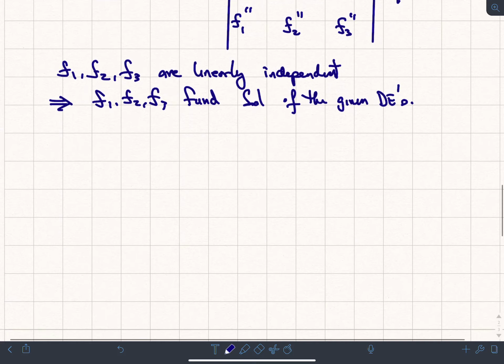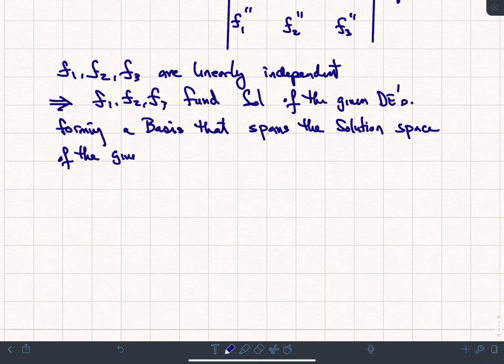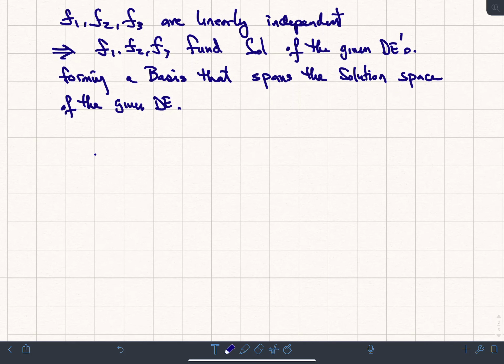And as you recall, once you show that a bunch of functions are fundamental solutions, it would mean that they're actually forming bases that span the solution space of the given differential equation, which means that now I can write my general solution as comfortably a linear combination of these solution functions.